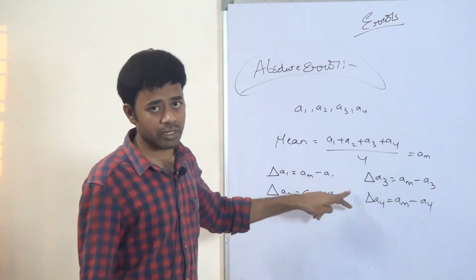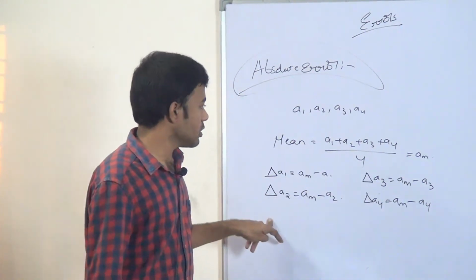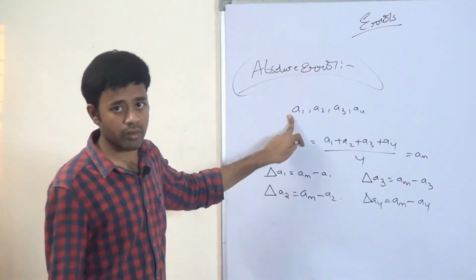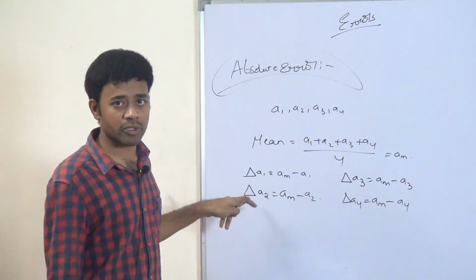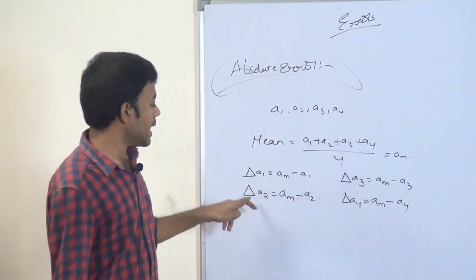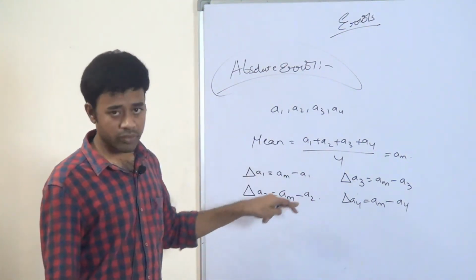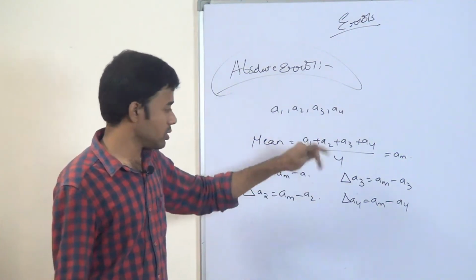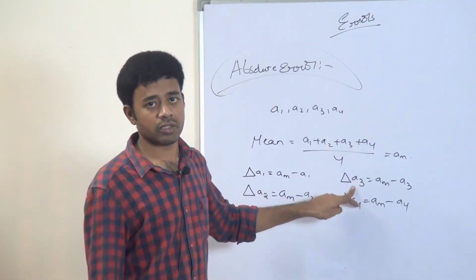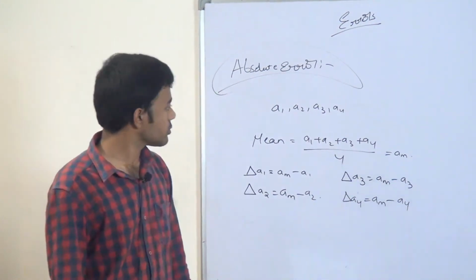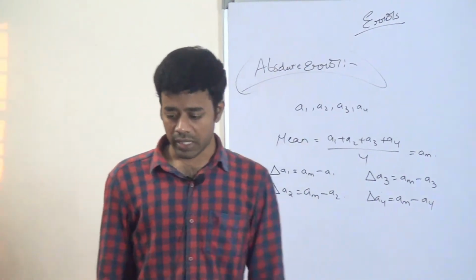So the absolute error for A1 is the mean minus A1, and the absolute error for A2, delta A2, is the difference between the mean and A2. Then again we can find the absolute errors for A3 and A4. So this is about absolute error.